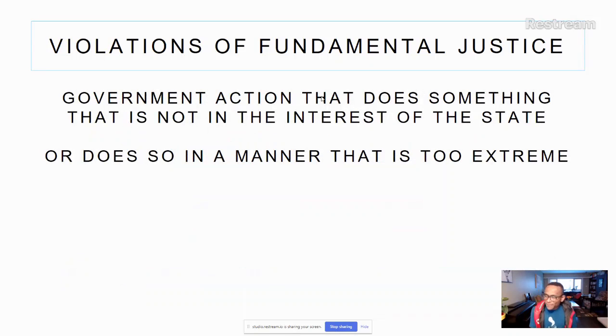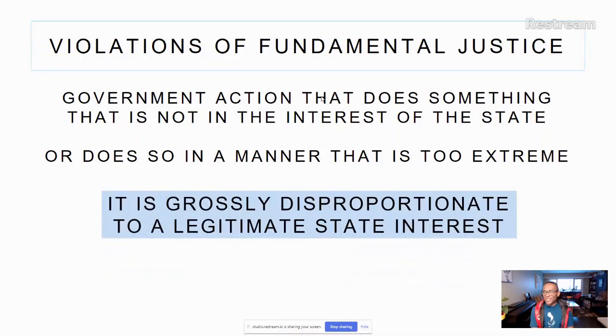A third way, when the government action or law does something that is not in the interest of the state, or does so in a manner that is too extreme. So in lawyer terms, we say that it is grossly disproportionate to legitimate state interest. So again, the state has an interest in doing something.